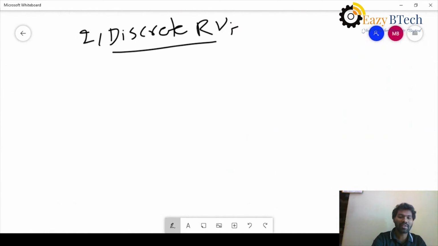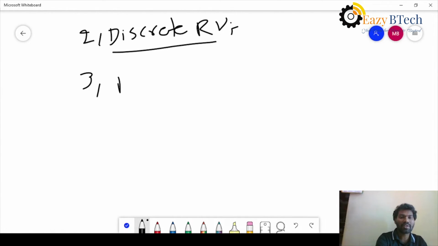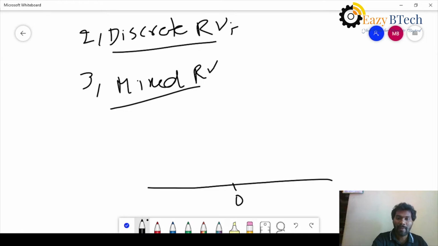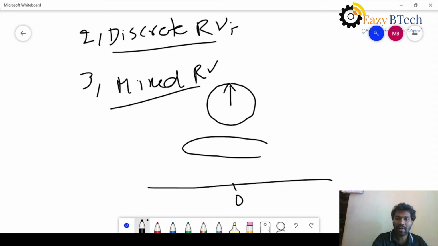Now moving on to the third one. The third one is mixed random variable. As the name indicates, mixed, our real axis must have continuous as well as discrete values. Now see, in the same way, I am taking my sample space from the needle, and my X of s is like this.